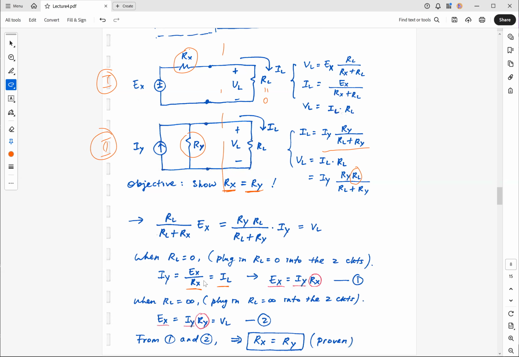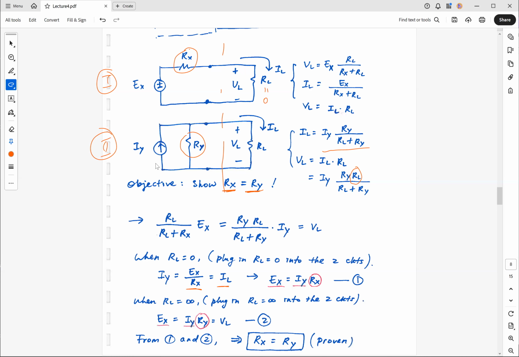When RL is equal to 0, then remember current flows to the path with the least resistance. So when RL is set to 0, all of this current IY is going to flow into this short, and nothing is going to flow through this RY.